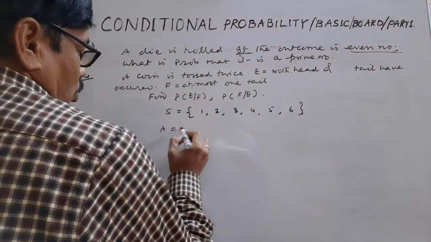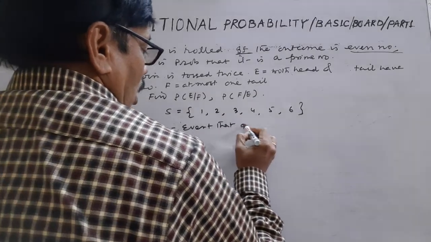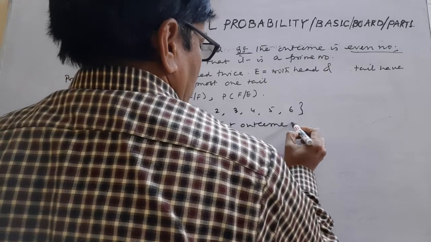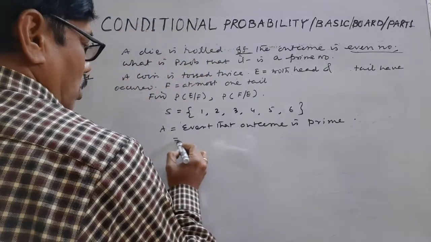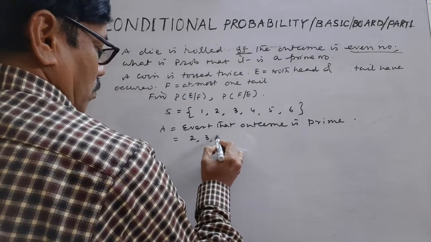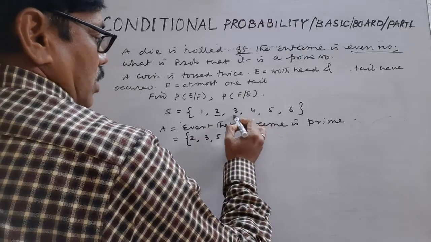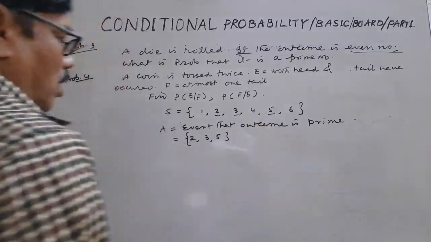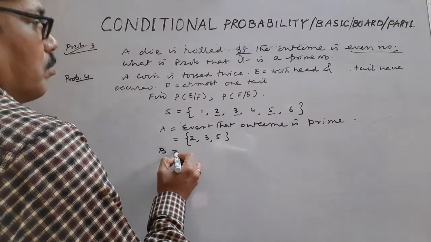A equals the event that the outcome is prime. So 2, 3, 5. 2 is prime, 3 is prime, 5 is prime.